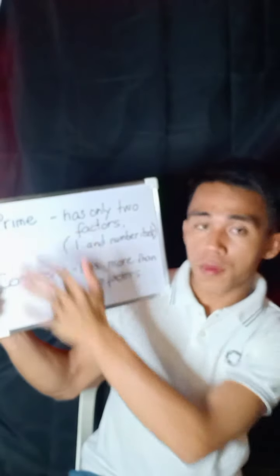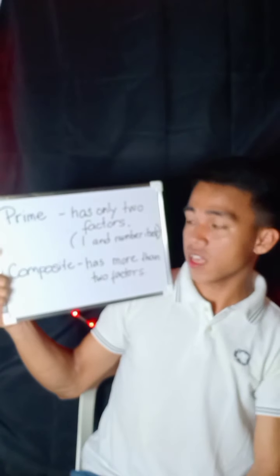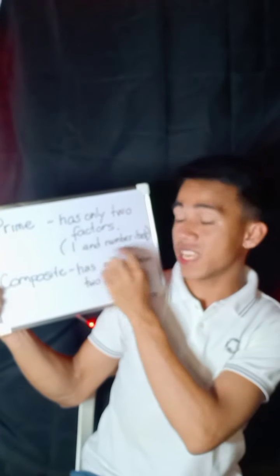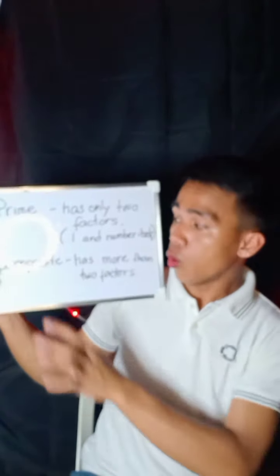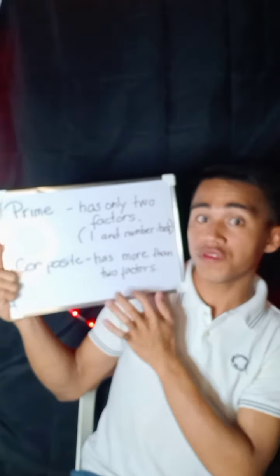A prime number has only two factors, and that is 1 and the number itself, while a composite number has more than two factors.